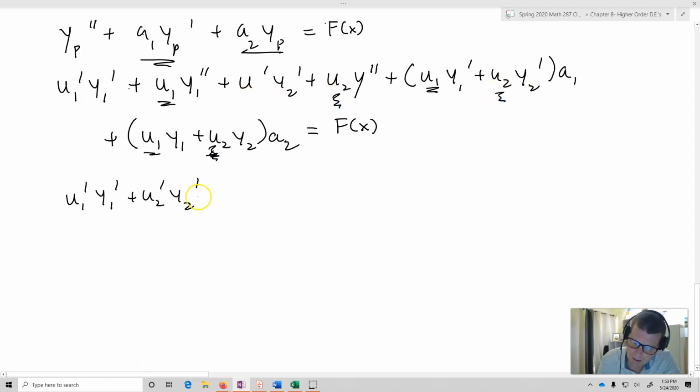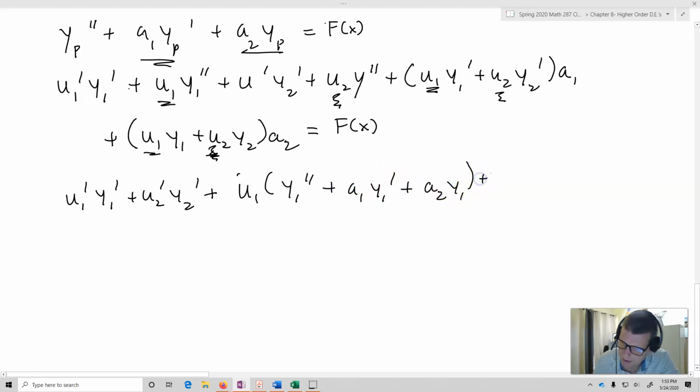So what I'm going to get is u1 times y1 double prime plus a1 y1 prime plus a2 y1, plus u2 times y2 double prime plus a1 y2 prime plus a2 y2, and that all equals f.